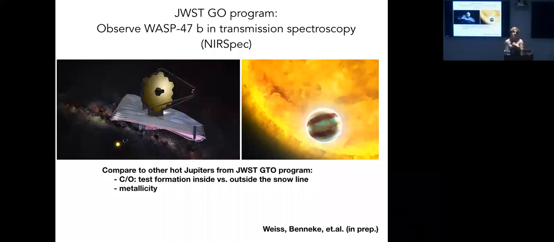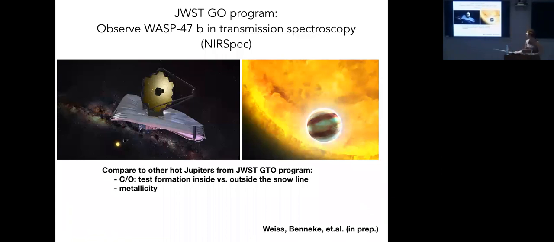To further test how the WASP-47 system formed, I am proposing to get observations of WASP-47b and transmission spectroscopy with NIRSpec. So many other hot Jupiters will also be observed in the James Webb GTO time, allowing a thorough comparison between this particular hot Jupiter and the more garden variety hot Jupiters without companions.